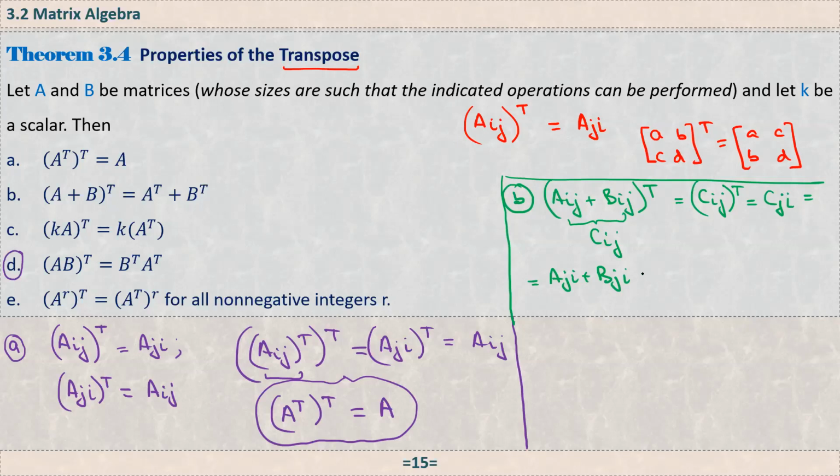Since it is true for every value of i and j, we can conclude that (A + B) transpose is equal to A transpose plus B transpose.